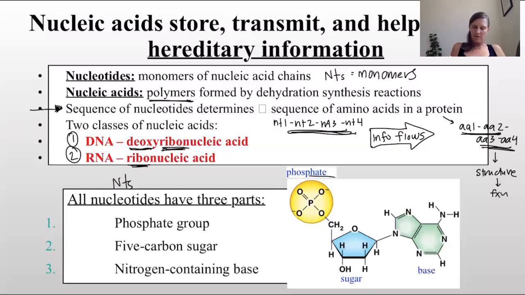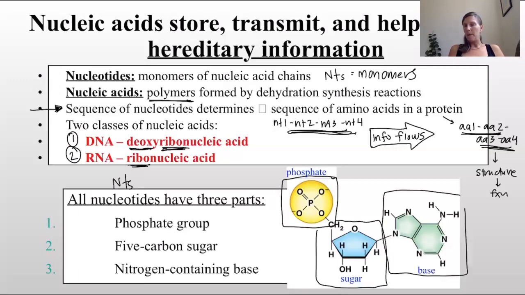They have a phosphate group, they have a 5-carbon sugar, and then they have a nitrogenous base, or a nitrogen-containing base, right? Those are a nucleotide.